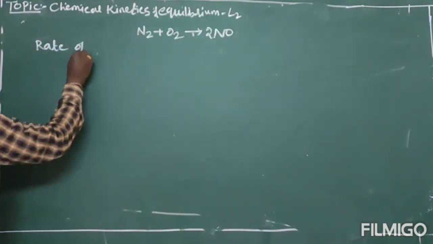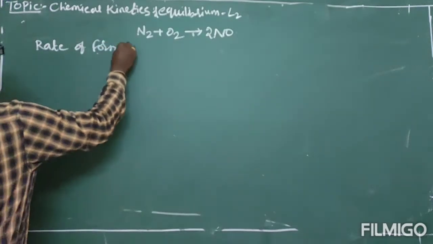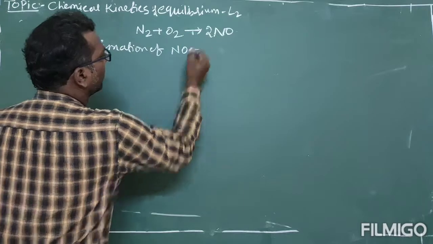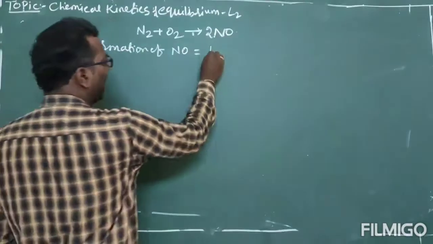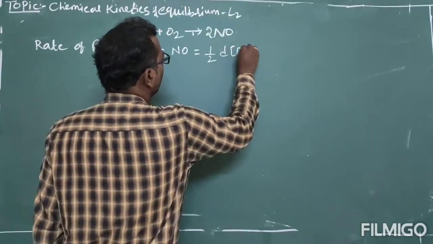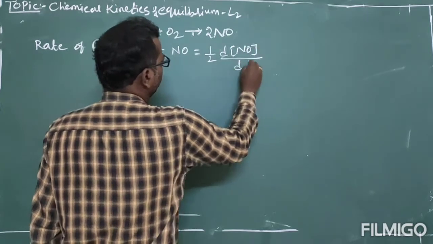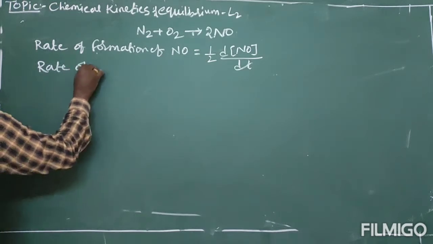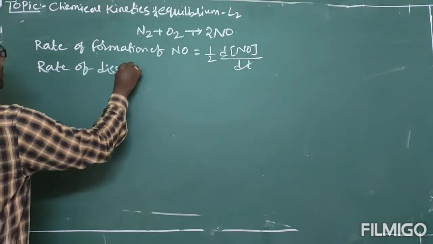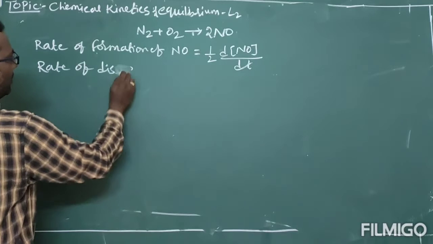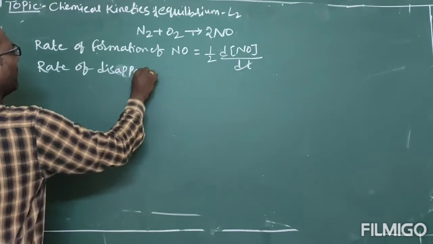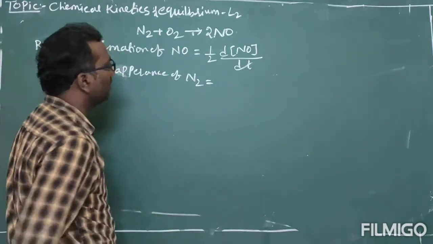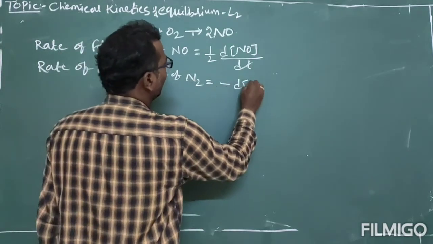Next, what I have to do, your wish, whatever you want. First, rate of formation of NO, that is half dNO by dt, I can write. Next, rate of disappearance of N2, how, minus.